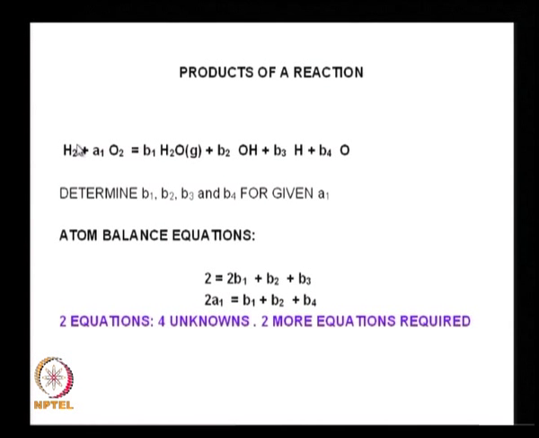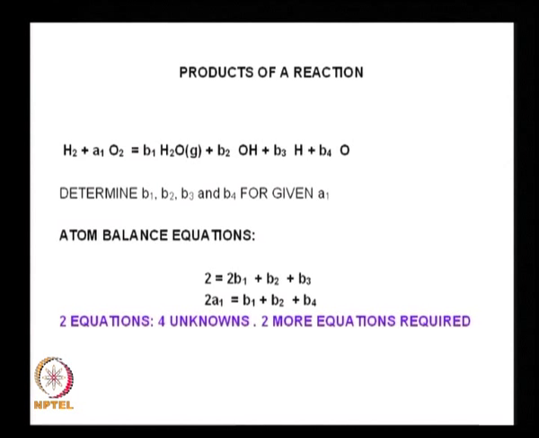This is the atom balance equation for H. Similarly for O, I have 2 A1 on the reactant side, and I have 1 O B1 plus 1 O B2 plus 1 O B4. Therefore, I get 2 equations which connect the moles of my products B1, B2, B3, B4, which I want to determine for a given value of A1.